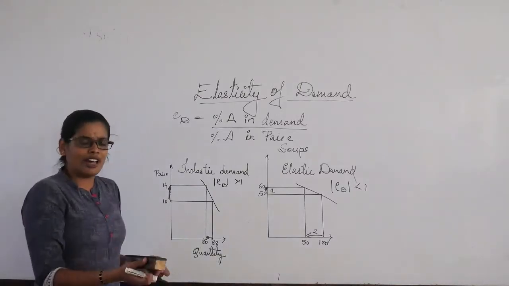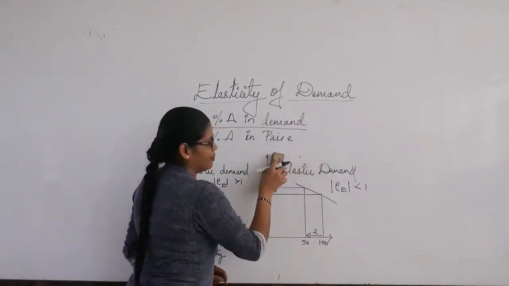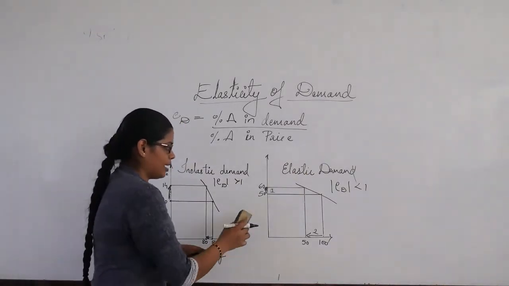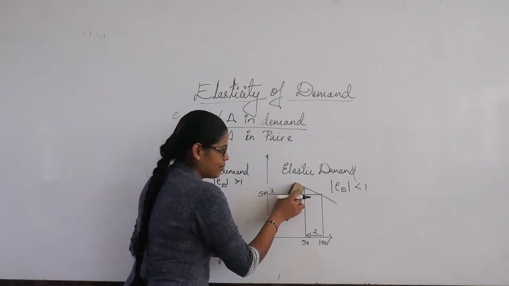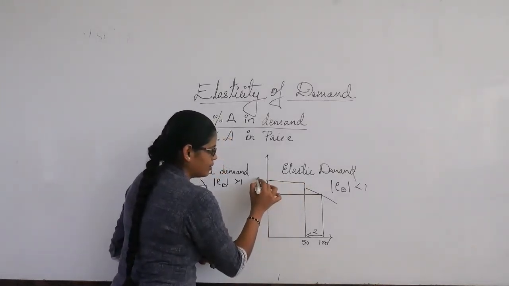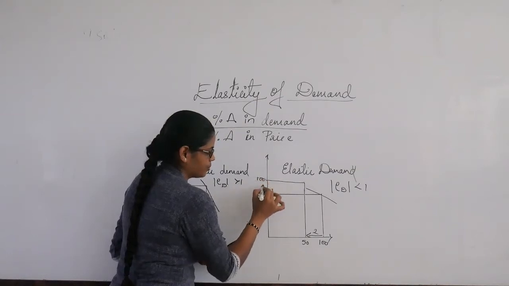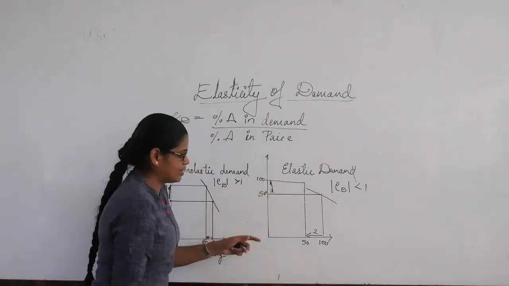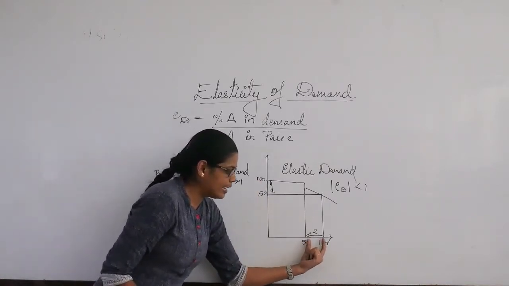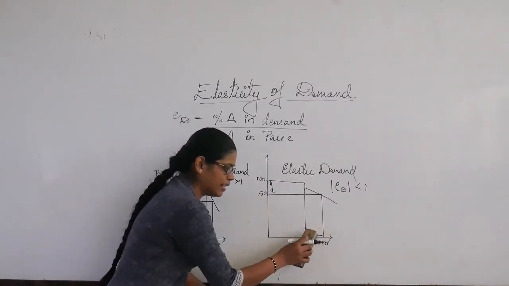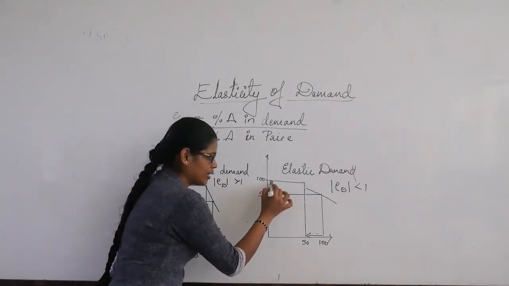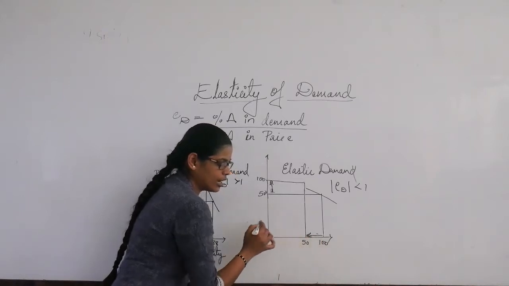And there is one more elasticity of demand, which is unitary demand. What is this unitary demand? Unitary demand is that demand wherein an equal amount changes. You can see when the price has increased from 50 to 100, an equal amount, from 100 to 50, has decreased. So here there is an equal rise and here there is an equal fall.